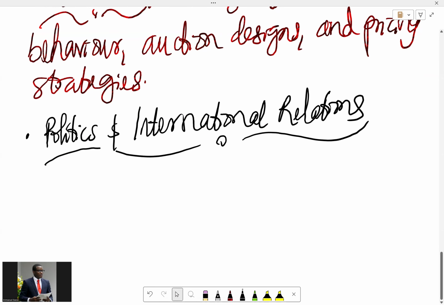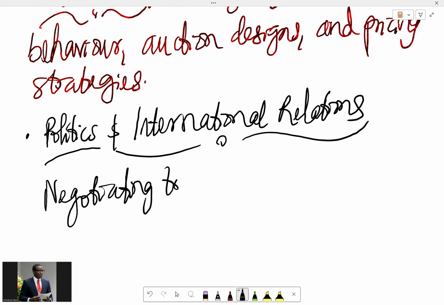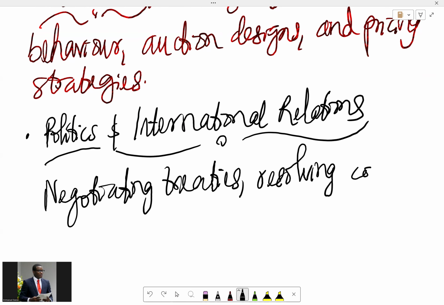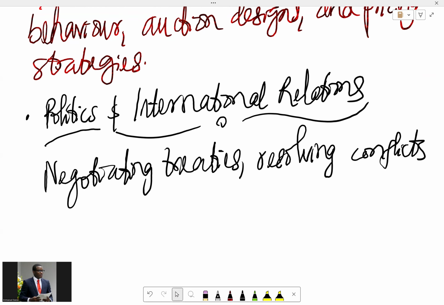Here we can use game theory for negotiating treaties, resolving conflicts, and modeling elections.